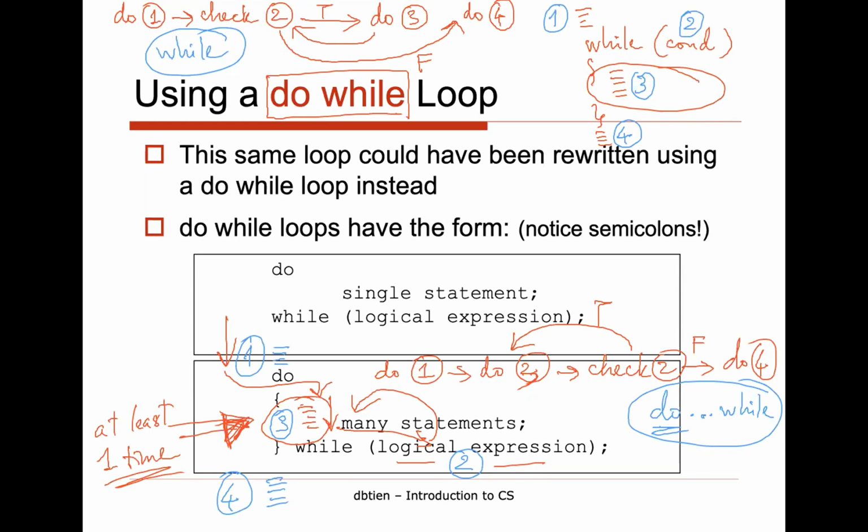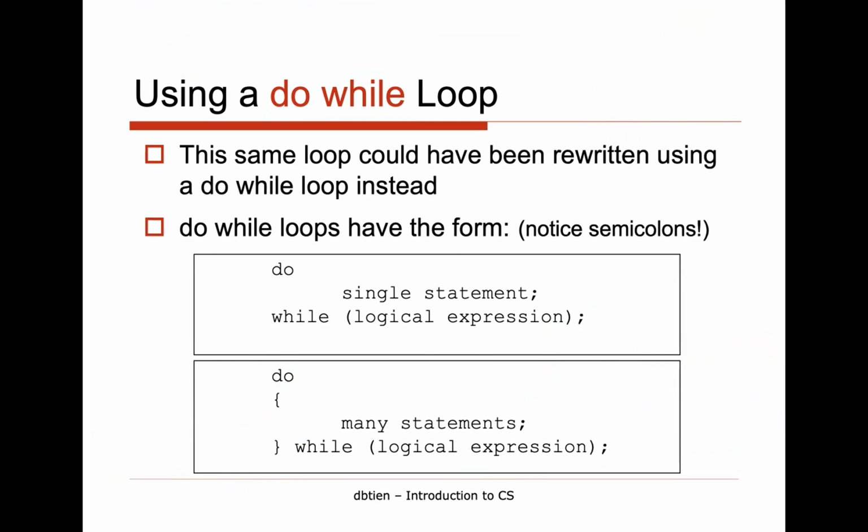So this is the key difference. It depends on your flow. Maybe there are cases where you need to do it one time before you go into other checking. If that is the case, you will use a do while loop instead.